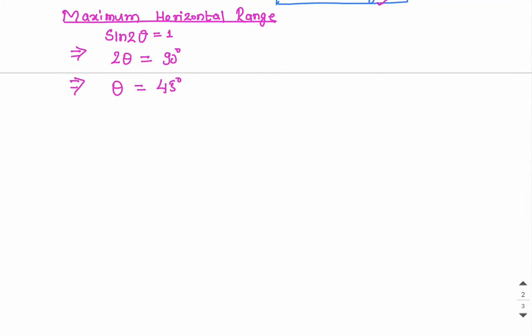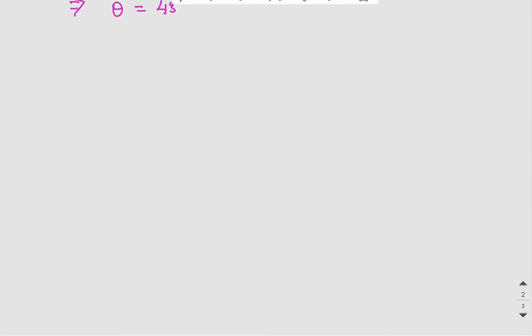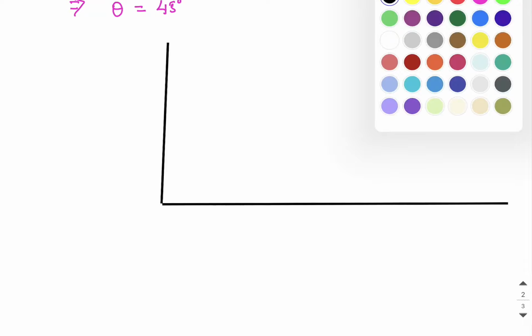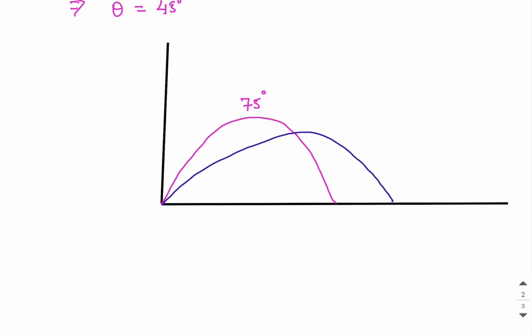So let me draw the variation here now. If you launch different projectiles at different angles, how does it look? So if you launch a projectile at 75 degrees, let's say this is at 75 degrees, and we call this 60 degrees.